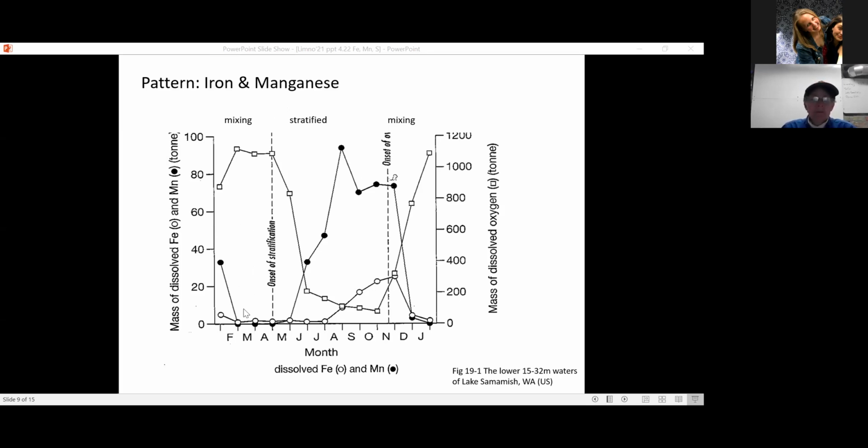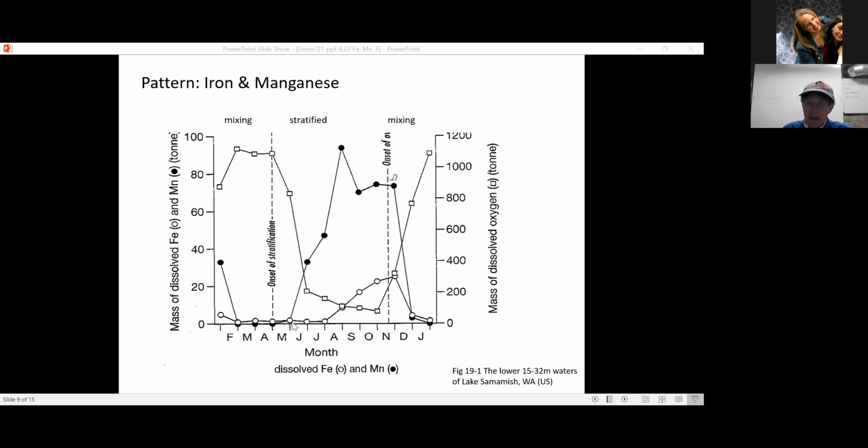A lake mixes in the winter, lots of oxygen. In the bottom water of the lake, no dissolved iron, no dissolved manganese. At the end of April, the lake stratifies. The oxygen concentration in the hypolimnion drops.